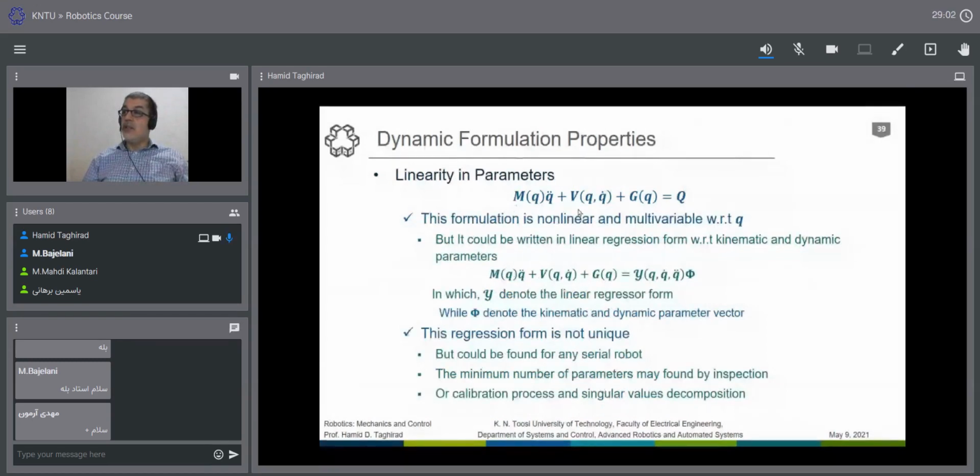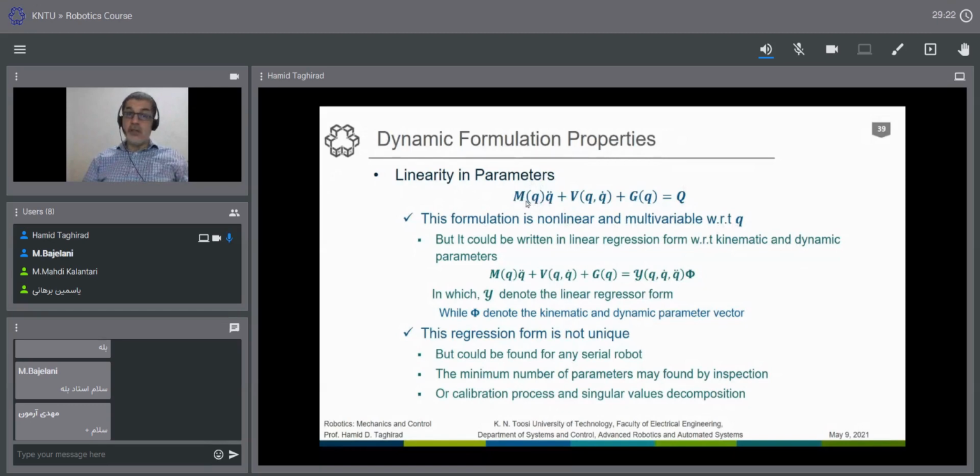As you see, the dynamic equation that we found, even for a very simple manipulator, the elbow manipulator with 2R structure, is nonlinear with respect to q, and it is multivariable.